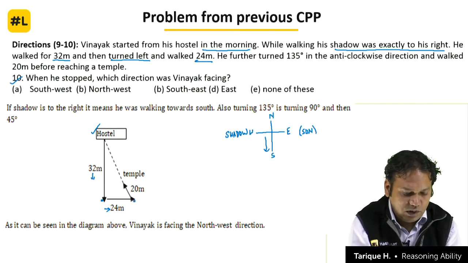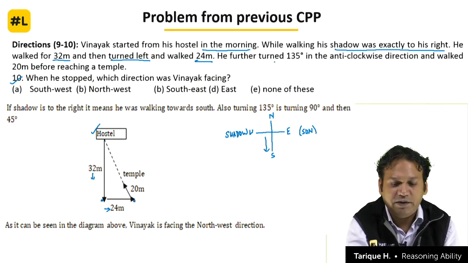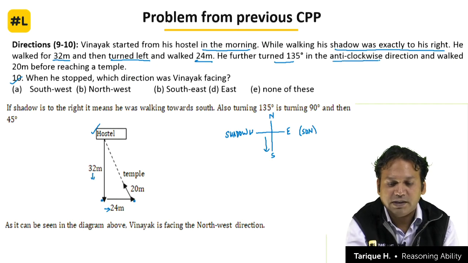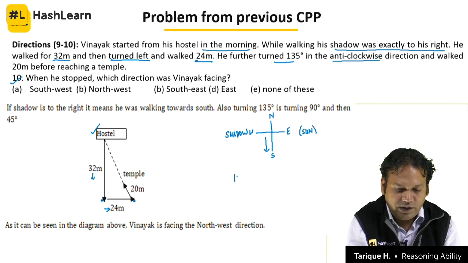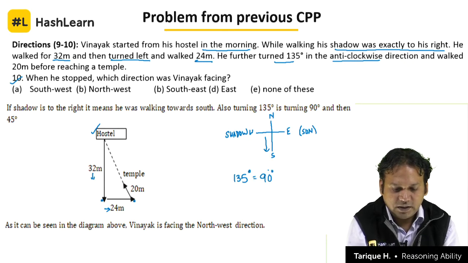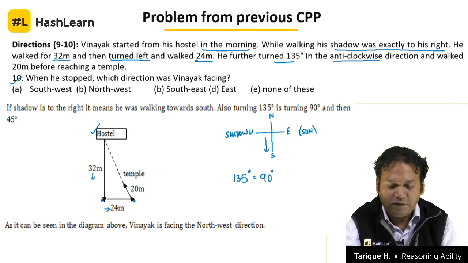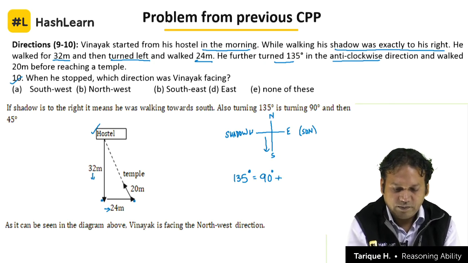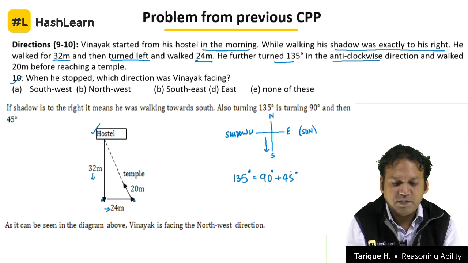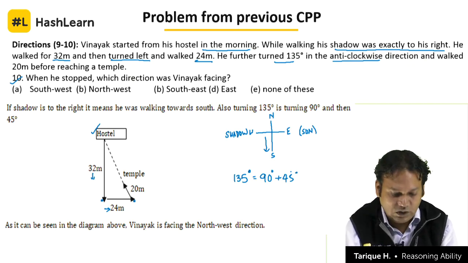From this point onwards, he has to turn 135 degrees in the anti-clockwise direction. So 135 degrees equals 90 degrees plus 45 degrees. He is turning 90 degrees plus 45 degrees anti-clockwise.